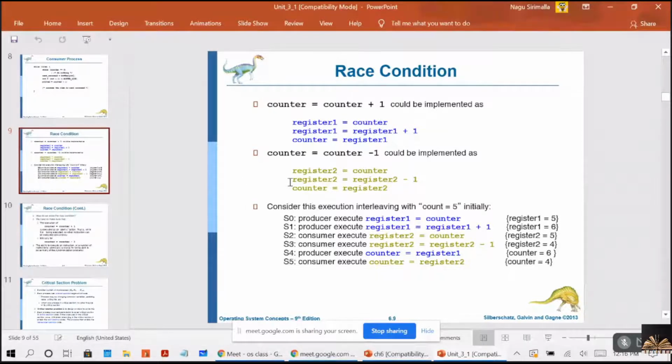Simultaneously, we should not allow more than one process to execute the common instructions. Synchronized means they have to be executed in order, one after the other.